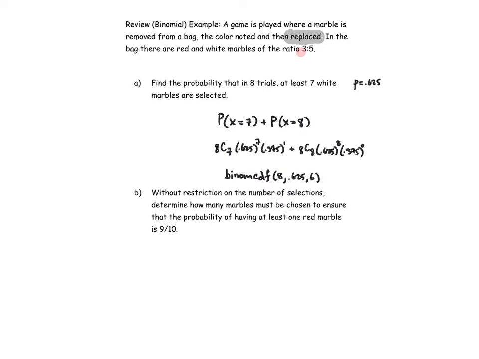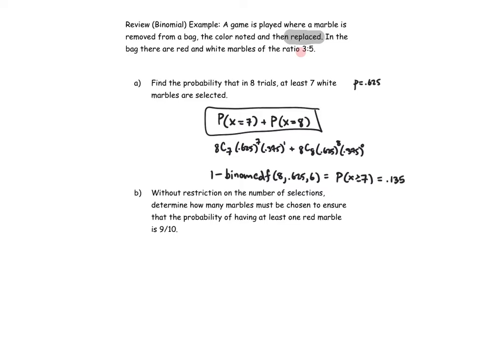The reason we use 6 instead of 7 is because CDF accumulates to that value. We're going to take 1 minus that. That's going to equal this probability right here, where we could say that the probability that X is greater than or equal to 7. In executing that step on the calculator, we can see that the probability that we would get 7 or more marbles of white color would be 0.135.